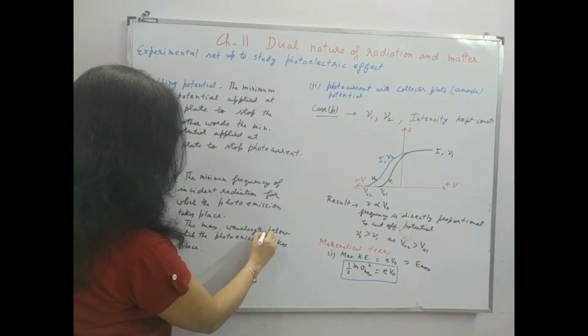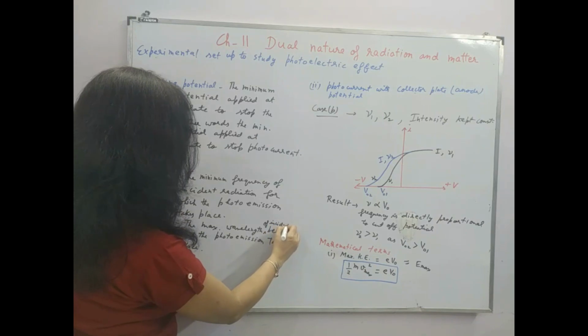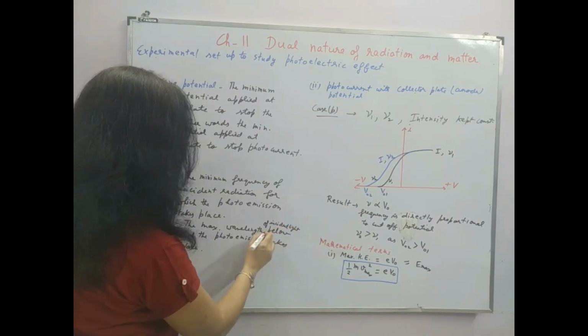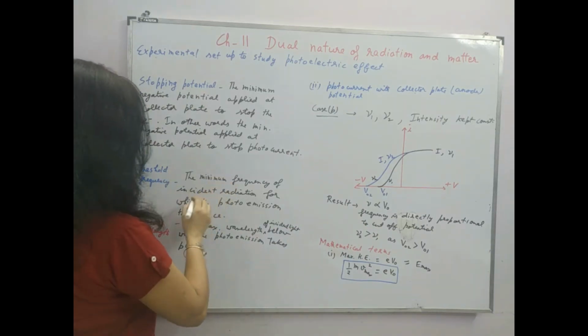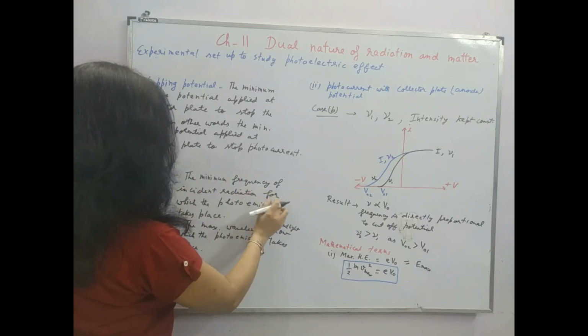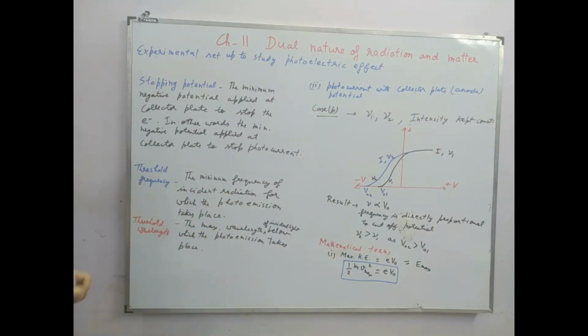Maximum wavelength of what? Of incident light, right? And the minimum frequency of incident radiation for which, or you can write above which, the photoelectric emission takes place.